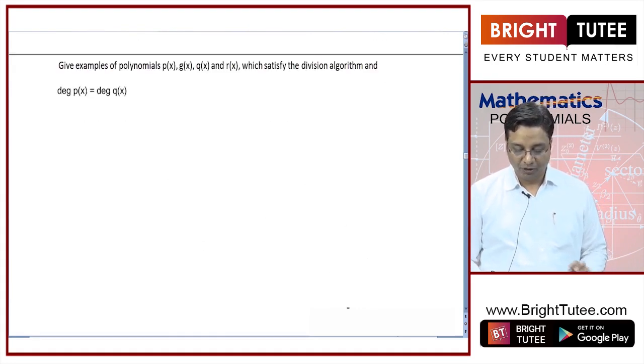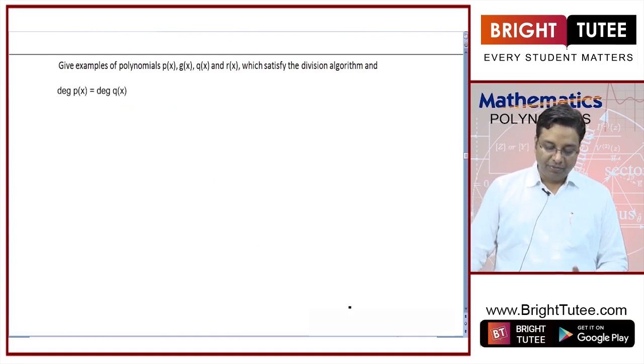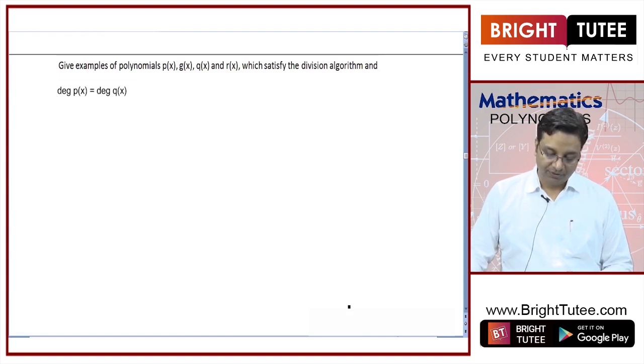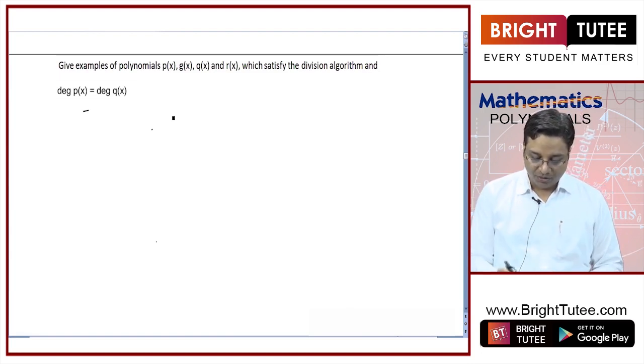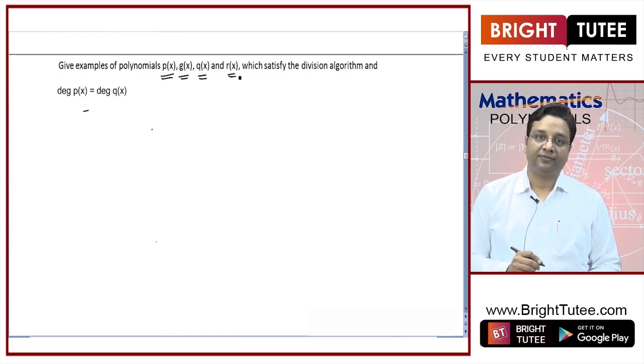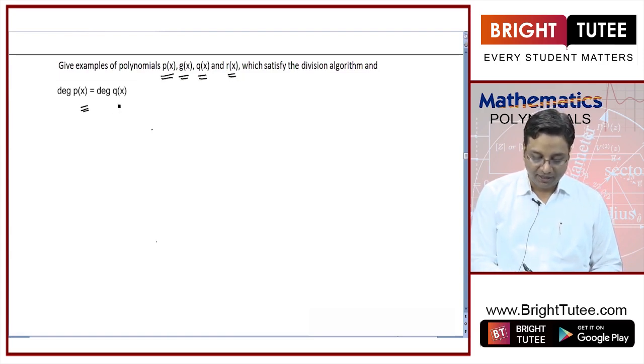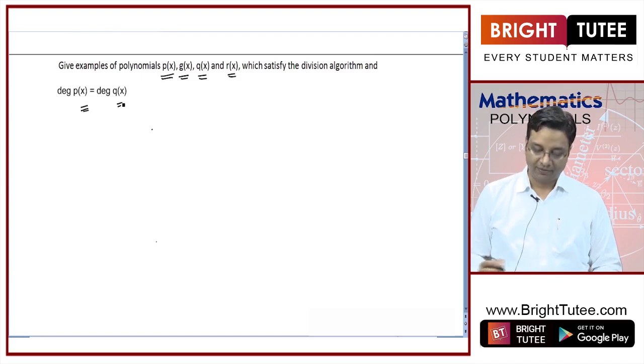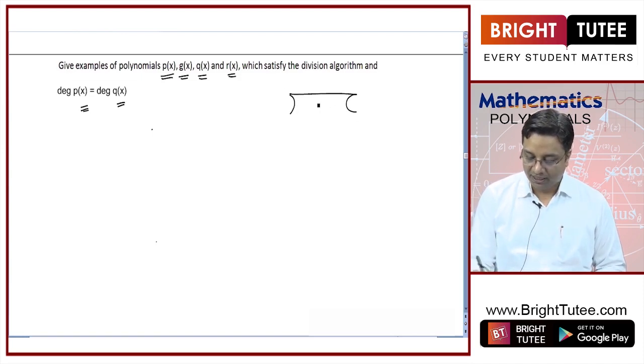Give examples of polynomials p(x), g(x), q(x) and r(x) which satisfy the division algorithm, and degree of p(x) is equal to degree of q(x). So I need to find p(x), g(x), q(x) and r(x) such that degree of p(x) is equal to degree of q(x). What is given here is I need some p(x) which when divided by g(x) will give me q(x), right?